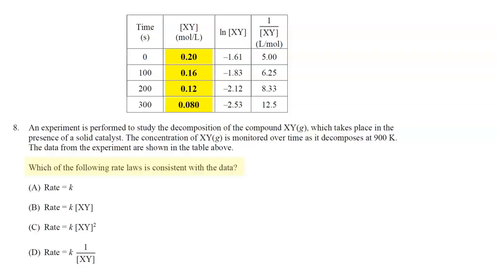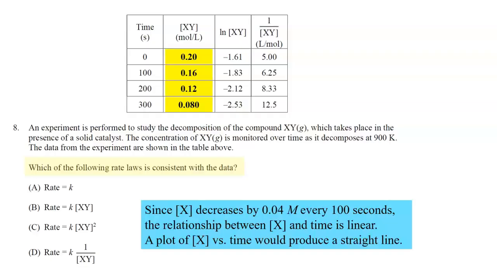Well, hopefully you can see that the concentration of XY seems to obey a linear relationship versus time. So the concentration of XY decreases by 0.04 moles per liter every 100 seconds. So that relationship is linear between concentration and time, and so a plot of concentration versus time would be a straight line.